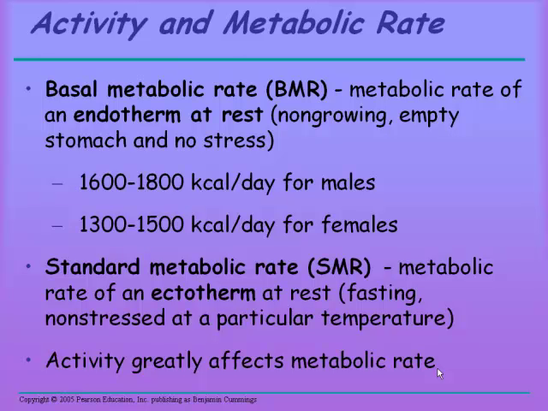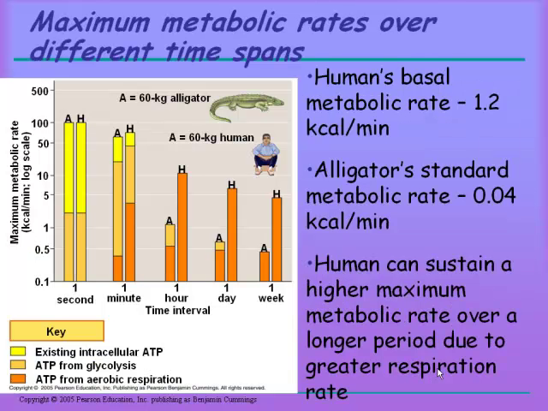And it's been determined that for males to maintain their BMR, they need 16 to 18 hundred kilocalories a day. Females, 13 to 1500 kilocalories a day. The standard metabolic rate in an ectotherm is measured at rest, fasting, non-stressed, at a particular temperature, and activity greatly affects the metabolic rate with both of these.